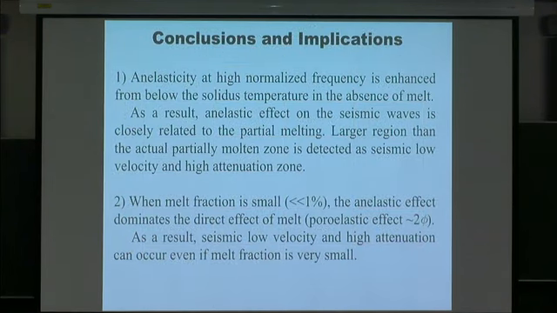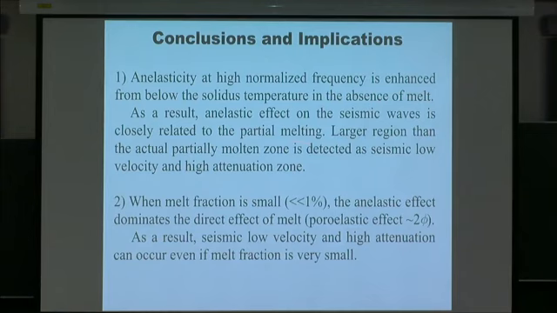So by assuming the applicability, I summarized the conclusions and the implications. Anelasticity at high normalized frequency is enhanced from below the solidus temperature in the absence of melt. As a result, anelastic effect on the seismic wave is closely related to the partial melting.